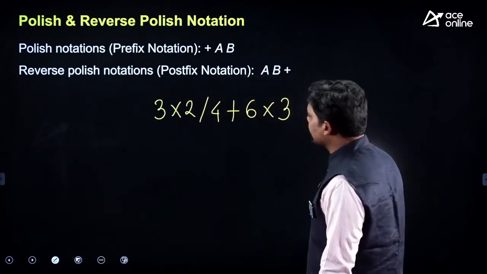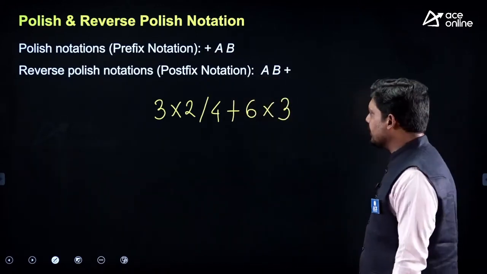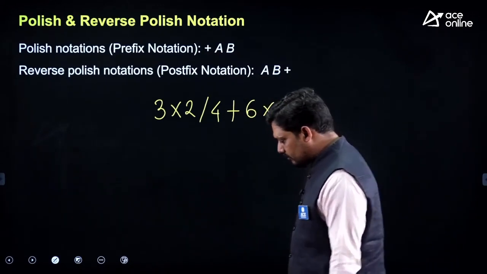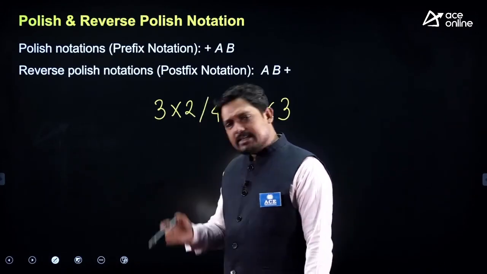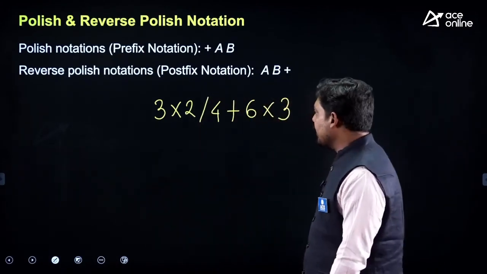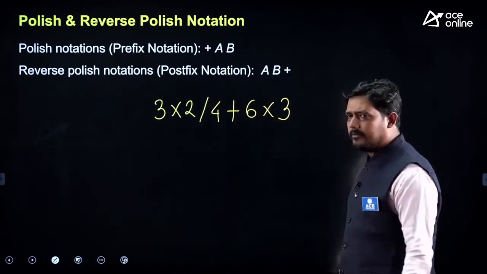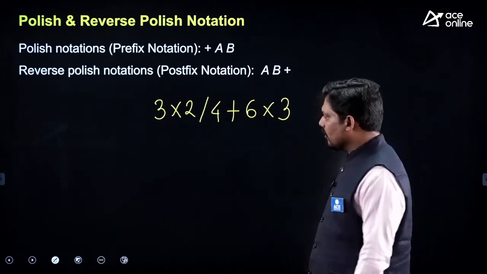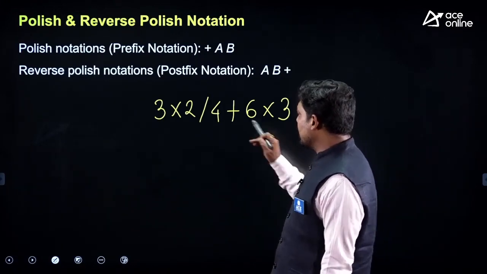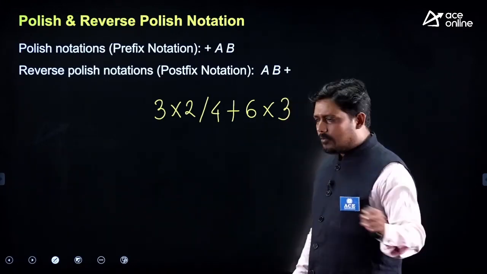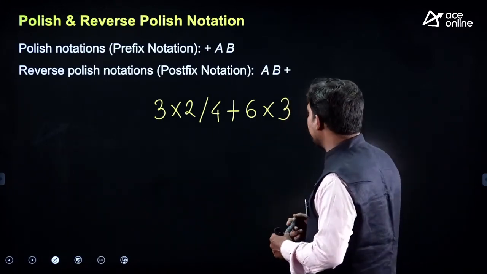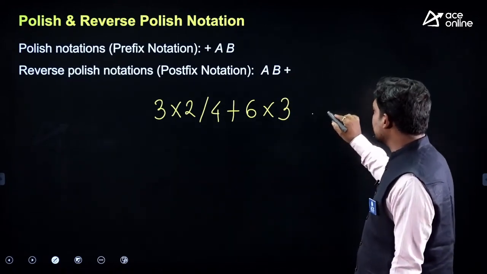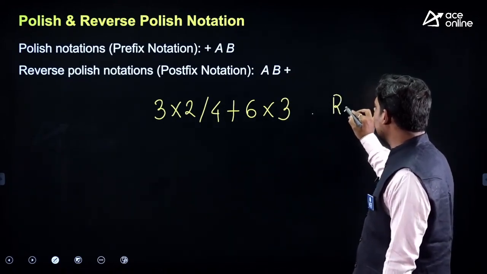This is an arithmetic expression. Within this expression, I need to find out which is first under the BODMAS rule: division, then multiplication, then finally plus. So what we require here is repeated scanning.